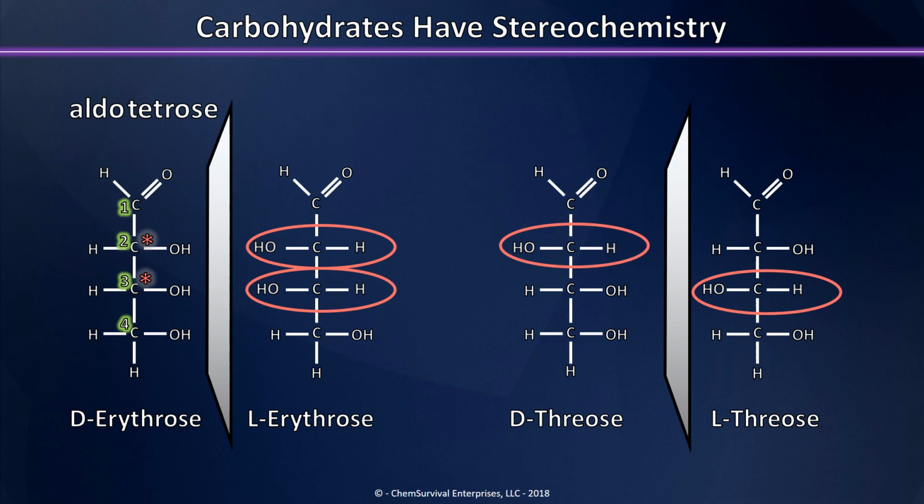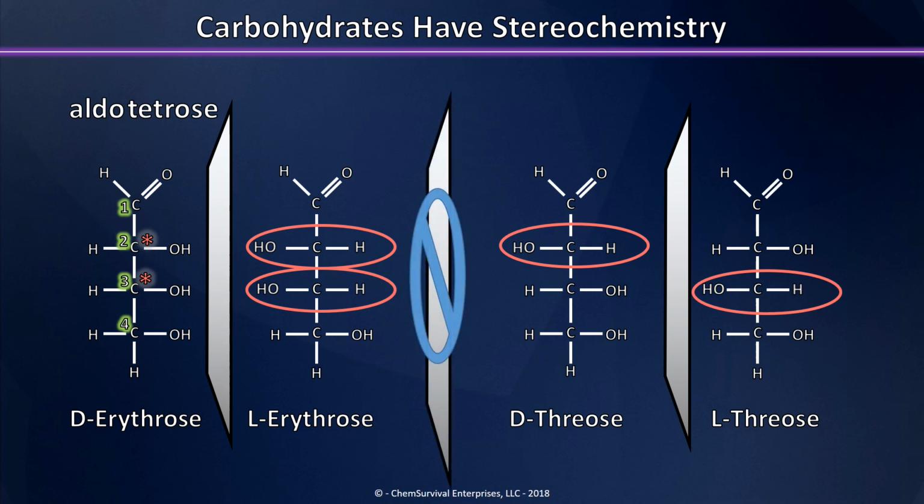And yet, erythrose and threose molecules are not mirror images of one another. So we have enantiomers, D and L for erythrose and threose, and we also have a diastereomeric relationship between erythrose and threose. So as you can see, the chiral chemistry of carbohydrates can become very complex very quickly.